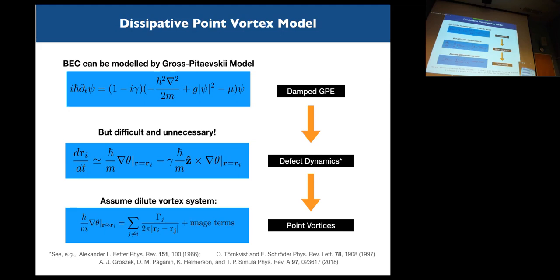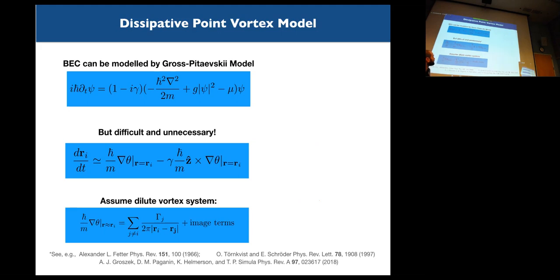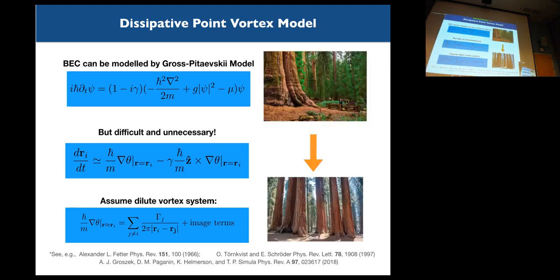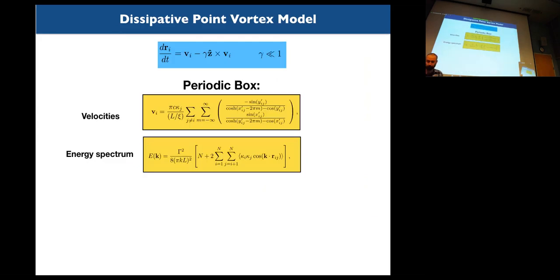And then we can go an extra simplification and say, let's forget about the sound waves as well for now and just treat the vortex dynamics as quantized point vortices. So to borrow the analogy from Carlo's talk, we're not going to worry about any of the bark. We just want to look at the trees. And then maybe we can go back to the details later. So we've got this standard point vortex model.